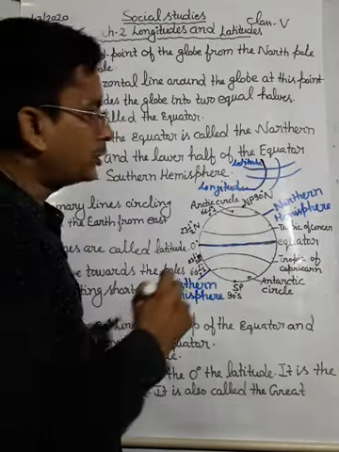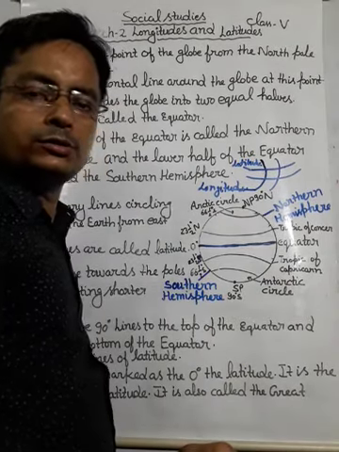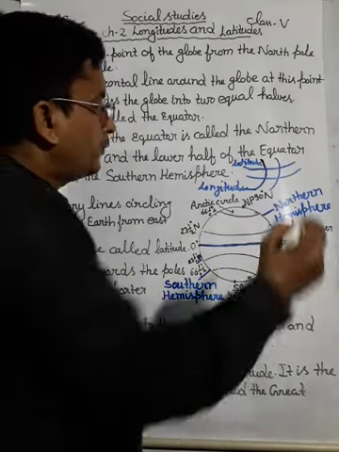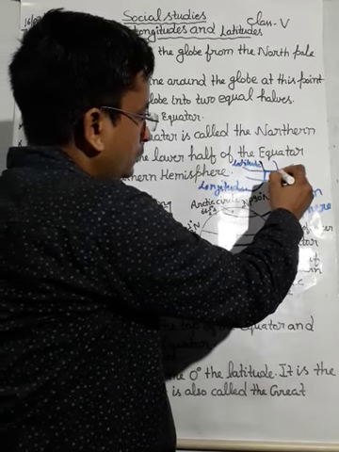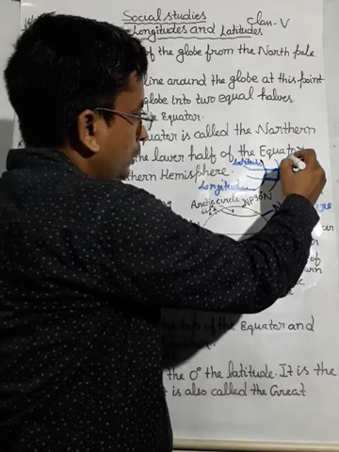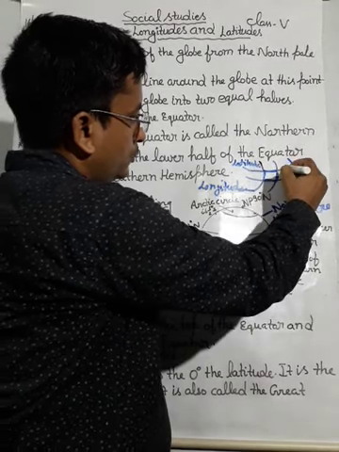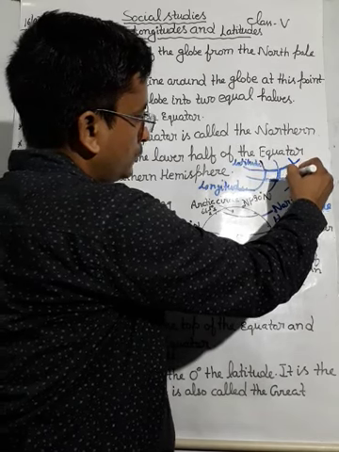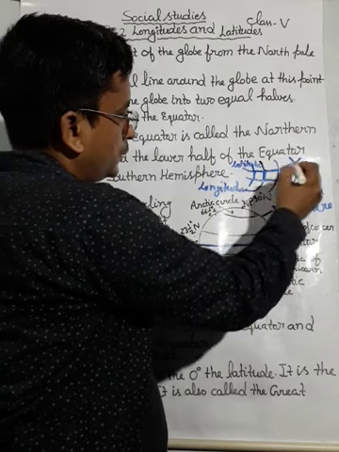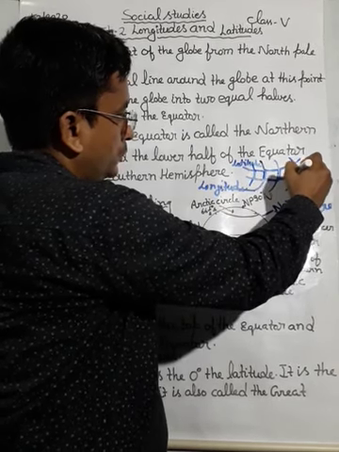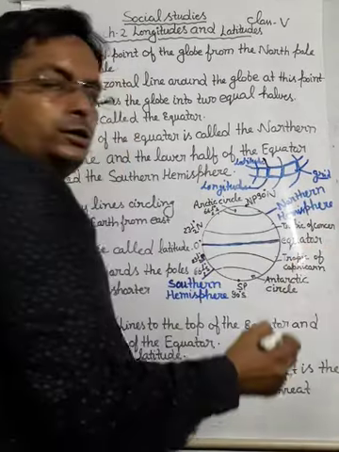When these lines cross each other, they form a series of squares. You can see here, it is also a square. The square shape is called a grid.